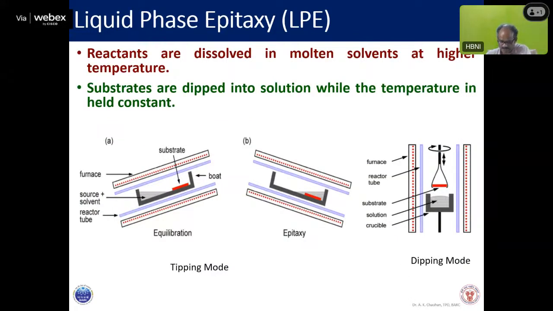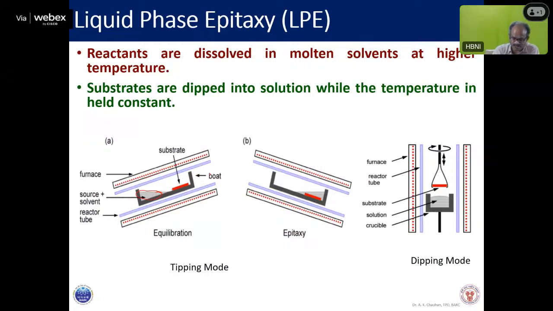Then next comes liquid phase epitaxy, in which the reactants are dissolved in a molten solvent. So you have a solvent here, and it is in the molten state, and the temperature is high, and then you have a substrate which is placed here. Now this board is in a tilted state.